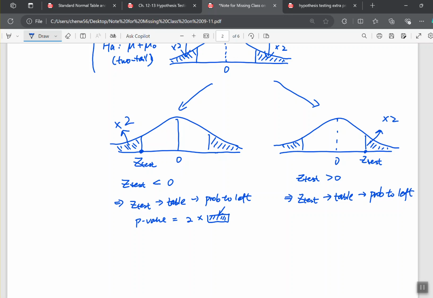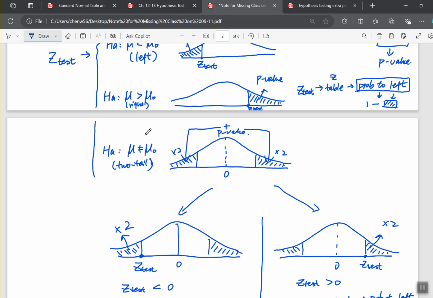But now remember we are looking for the tail to the right. So what is your p-value? Your p-value will be double the right tail. But this is the left tail, so it is 1 minus whatever you found from the table. All right, so those are the 2 cases for a two-tailed hypothesis.